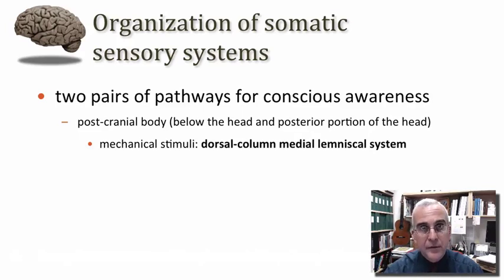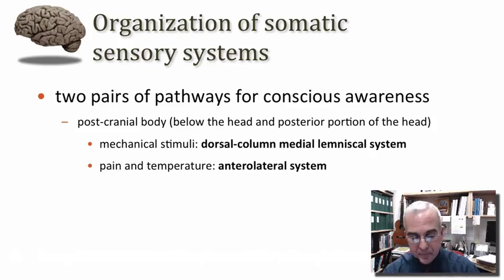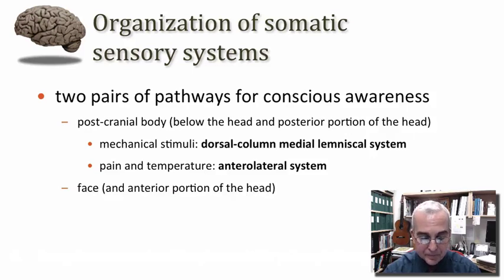It has elements of the dorsal columns of the spinal cord and the medial lemniscus, an important pathway in the brainstem. Now there's also a pathway that mediates pain and temperature that we'll look at in a separate tutorial for the postcranial body. That pathway is called the anterolateral system. I include it here for completeness.